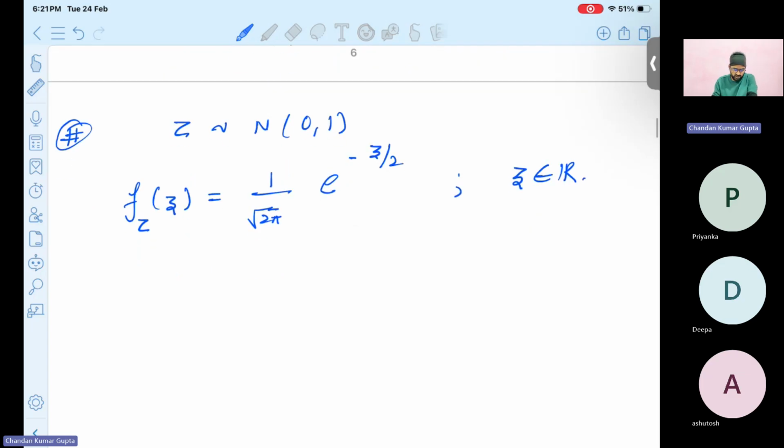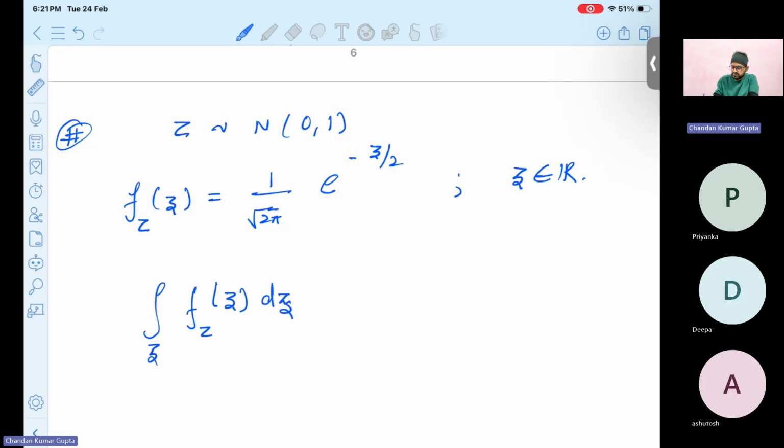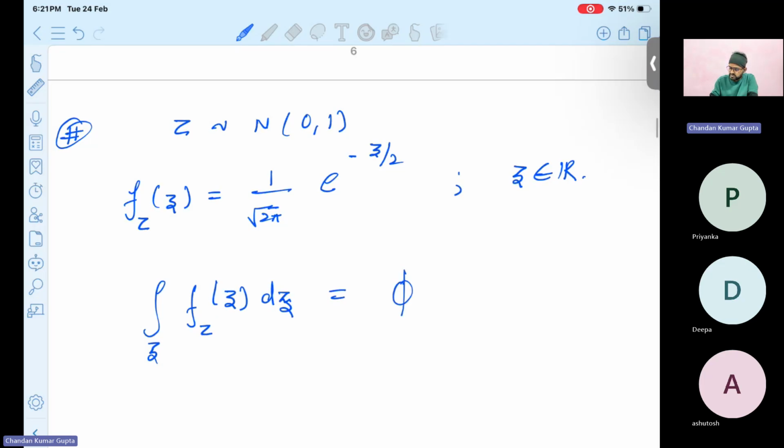Also, we have some properties. The first thing we usually do is denote the integral value of this by capital phi of z. It's the usual notation; you may or may not use it.